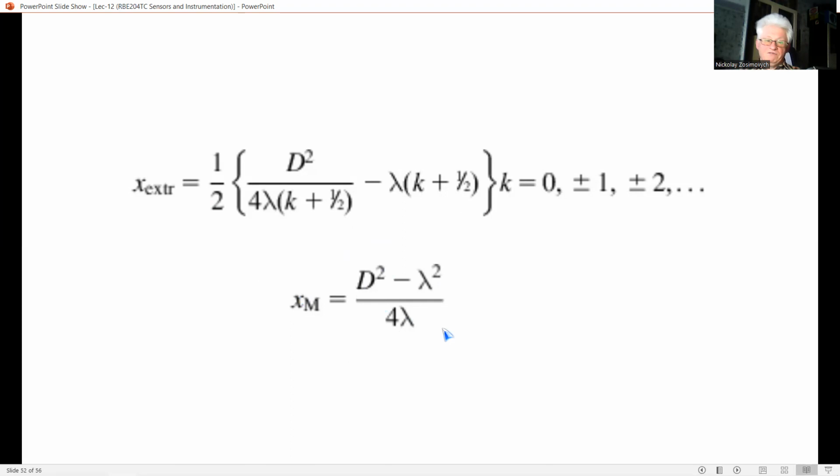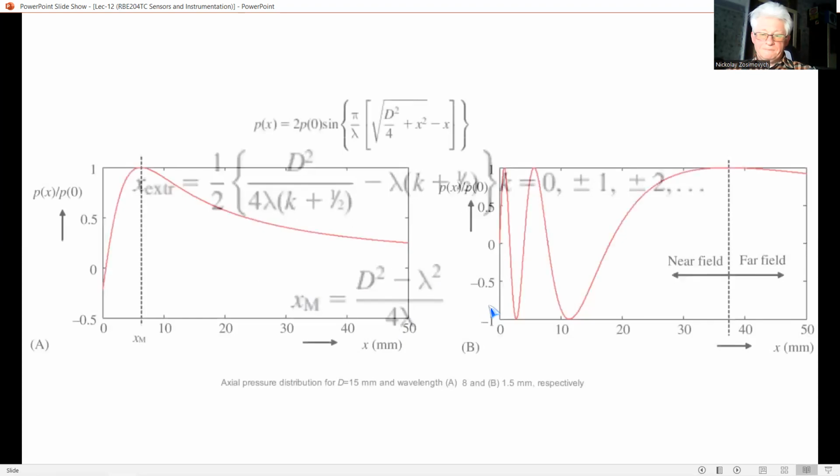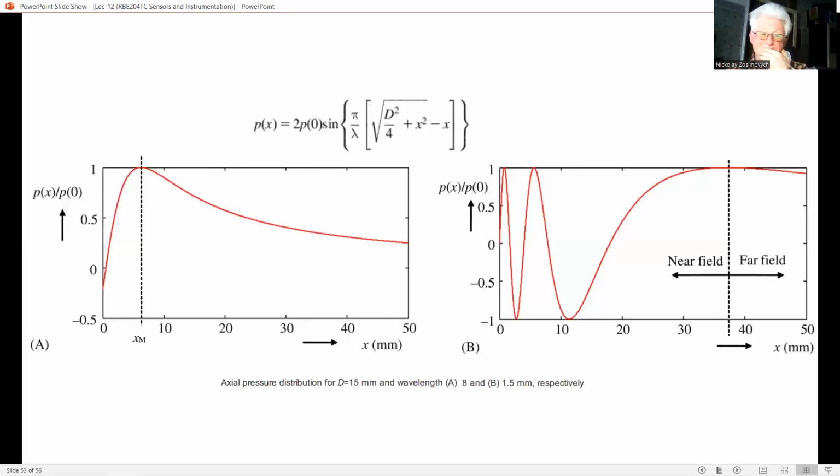At frequencies for which the wavelength is small compared with the dimensions of the transmitter, the near field covers a range of roughly D squared over 4 lambda. The typical application example of figure A, with a diameter D of 15 millimeters and lambda of 8 millimeters, gives us 40 kilohertz in air and shows that the near field range is about 6 millimeters only.